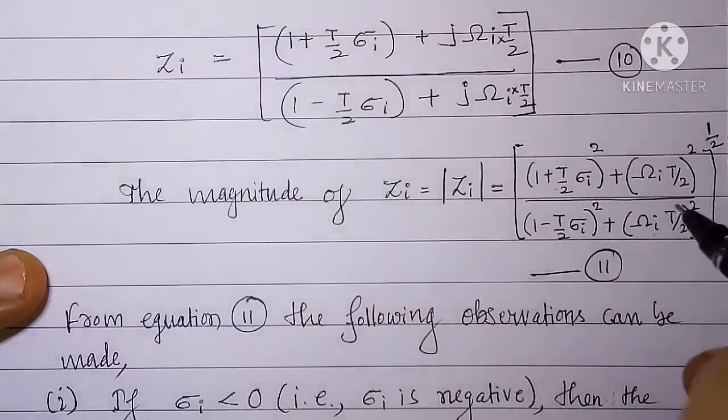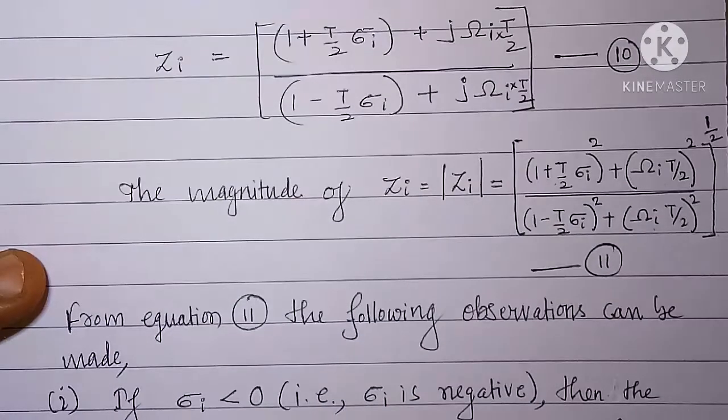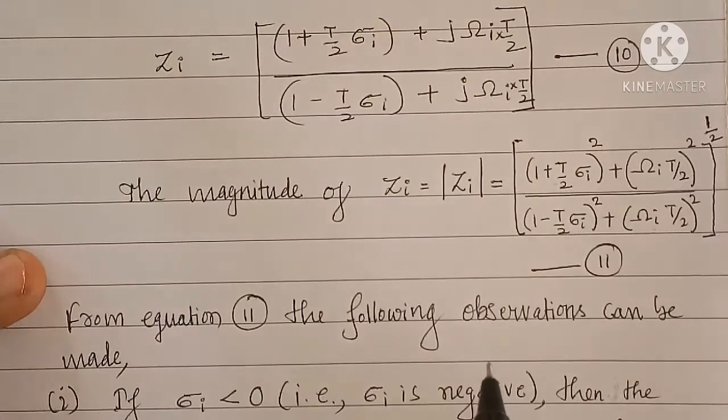So the magnitude of Zi will become equal to 1. In other words, the pole that lies on the imaginary axis in S plane will be mapped to a pole on the unit circle in Z plane.